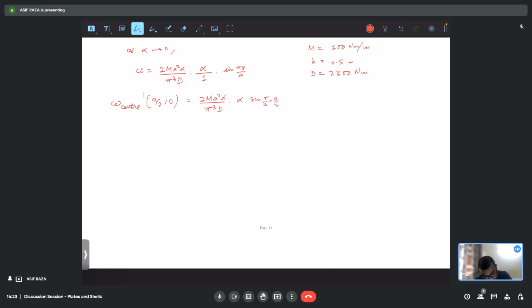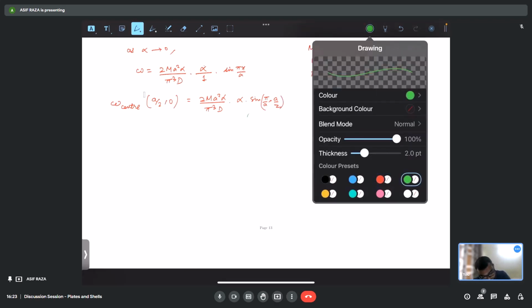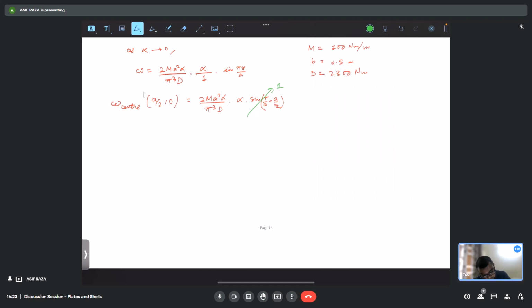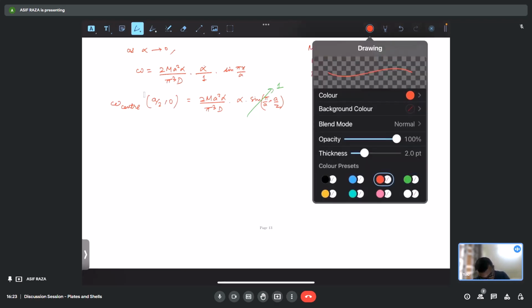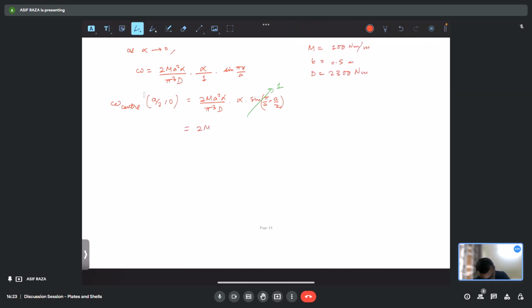So this becomes pi by 2, this becomes 1. So finally it is equal to 2m a square alpha square by pi cube d, right?